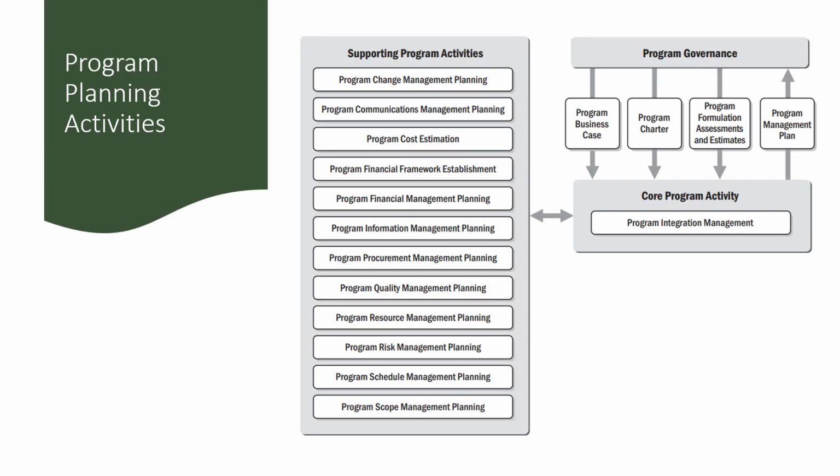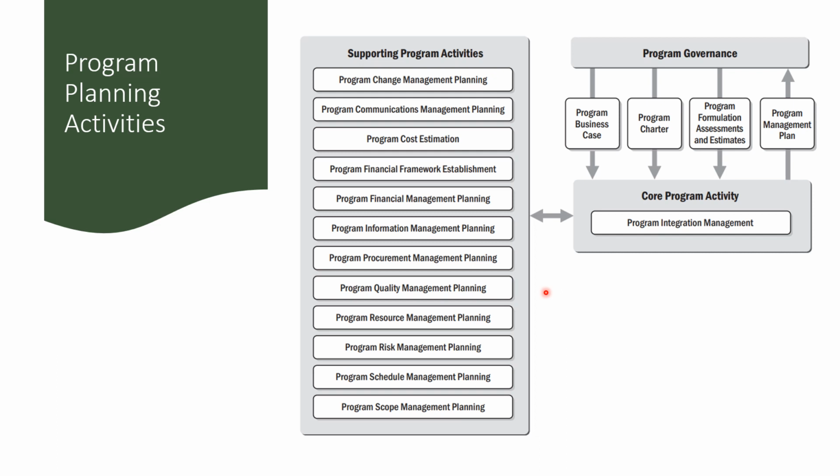Program planning activities are further factored into 12 categories, like program change management, program communication management planning, program cost estimation, and so on. We have 12 planning activities as part of program planning activities.